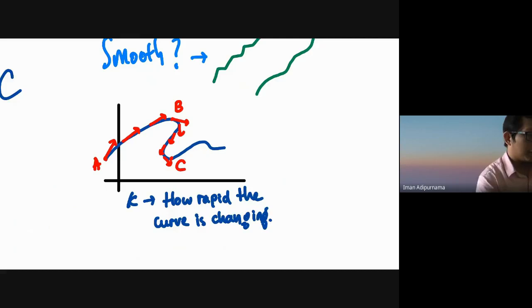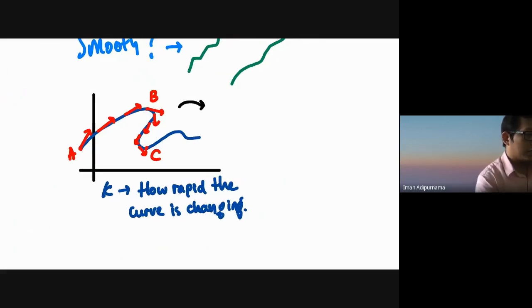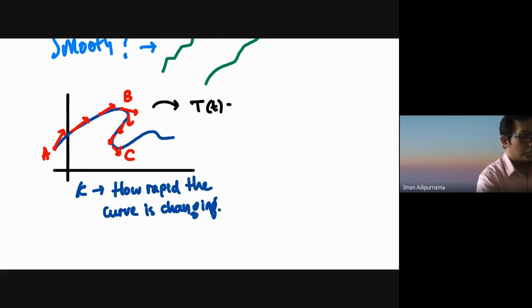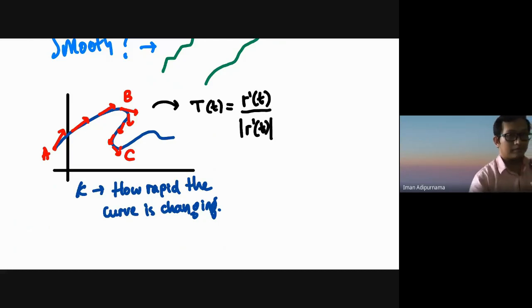Okay, let's say from here we can take our tangent vector T, right? And from what we did previously, we know that this is r prime, right?